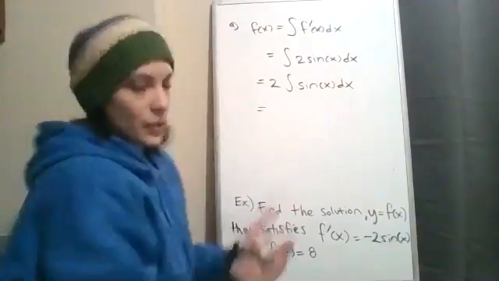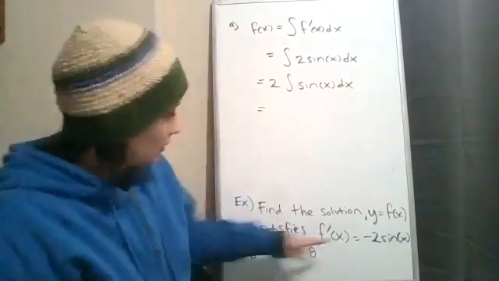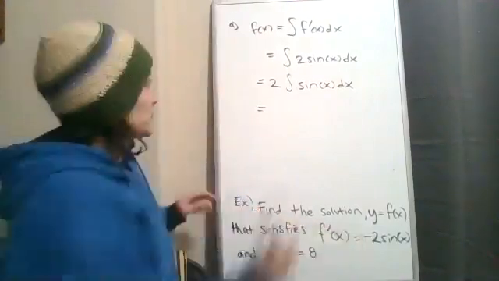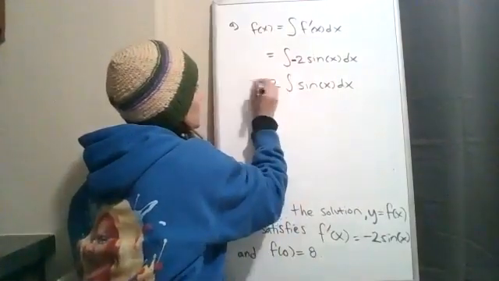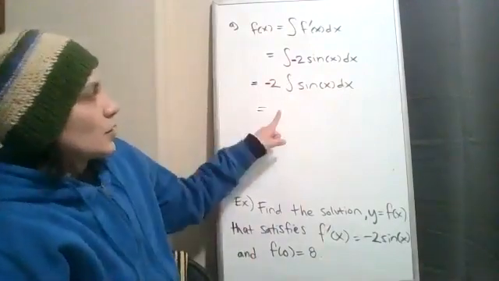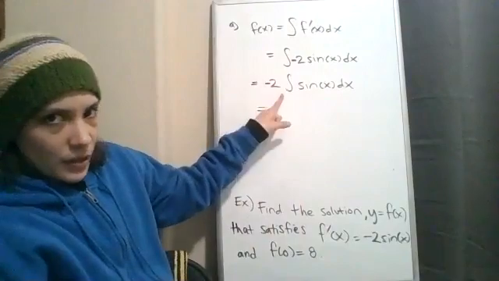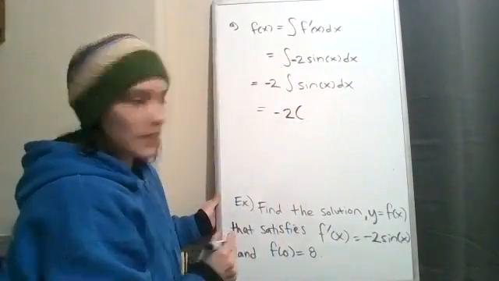Okay, so we're gonna have, oh, I'm missing a negative sign. My negative sign was supposed to be there. So it's gonna be a -2 times negative cosine.